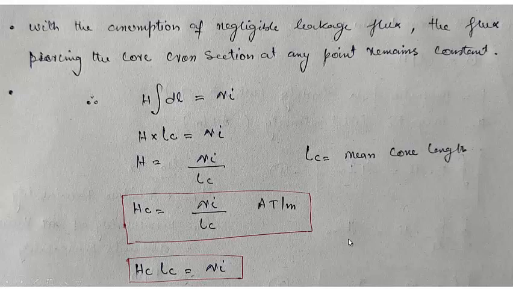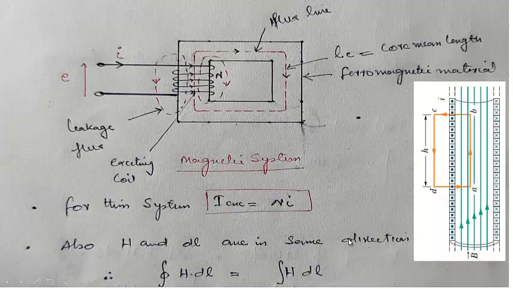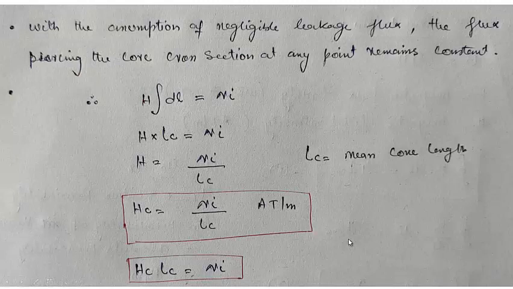This dl will be nothing but Lc, the length of the line of the core. We're not taking this length or that length, we're taking the mean length. So H into Lc, this is an ordinary multiplication, not a vector cross product, is equal to Ni, so H can be calculated as Ni by Lc.